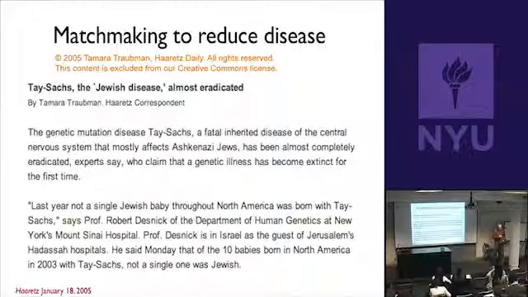And so here's an article from a few years ago basically declaring Tay-Sachs, which historically has been known as a Jewish disease just because the carrier frequency is so high among Eastern European Jews, being eradicated, okay?